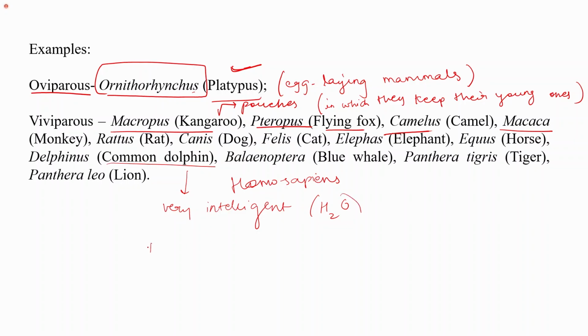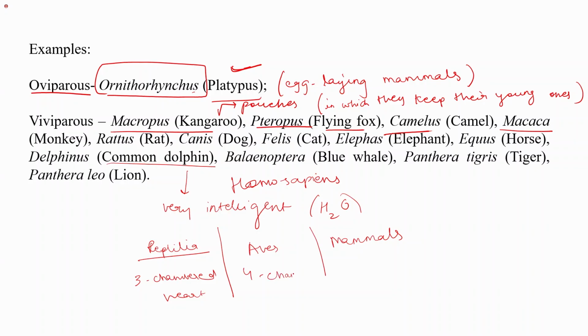that are terrestrial, like for example in reptilia, in aves, and in mammals. So usually in reptilia, in most of the reptiles, it is the three-chambered heart, while in aves it is the four-chambered heart. In mammals also it is four-chambered heart.